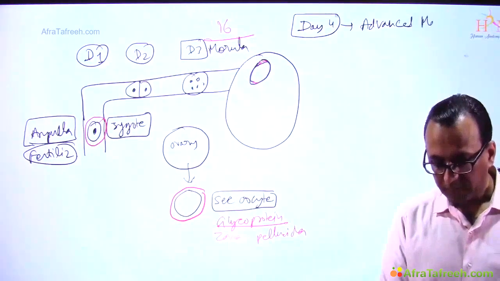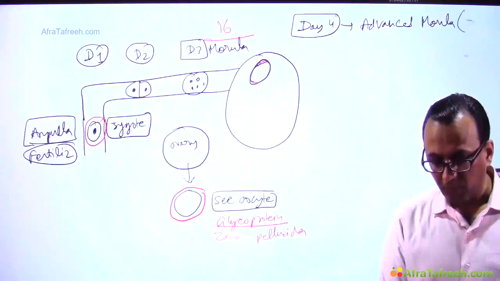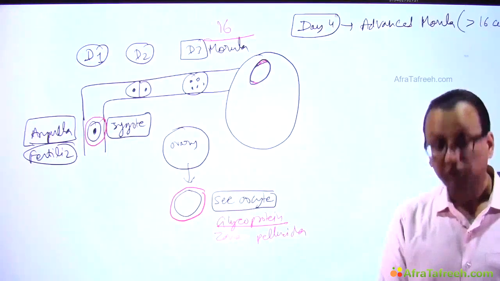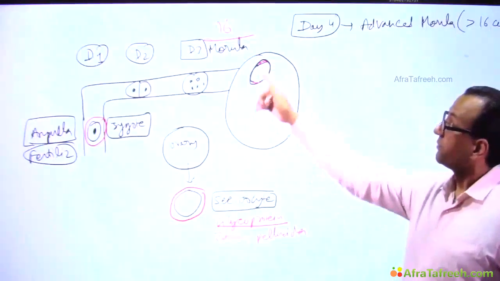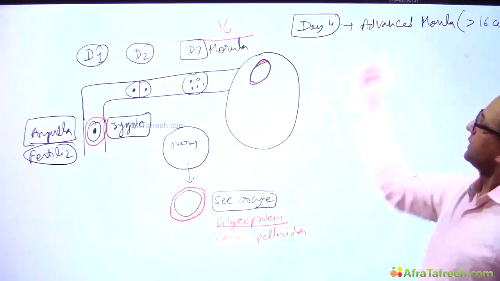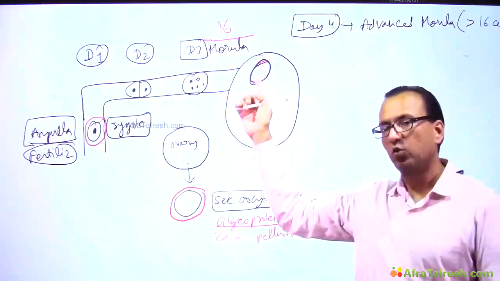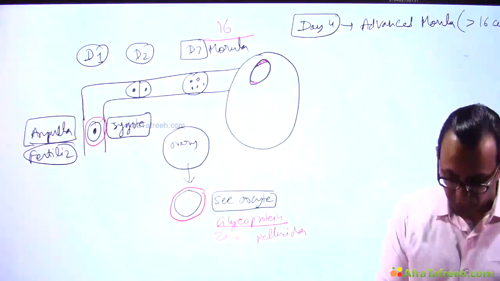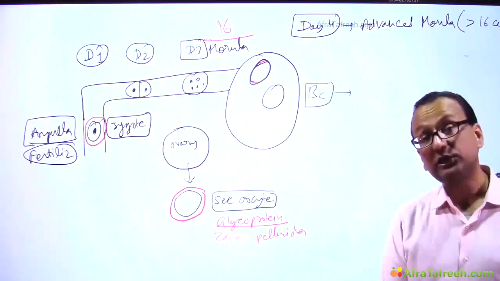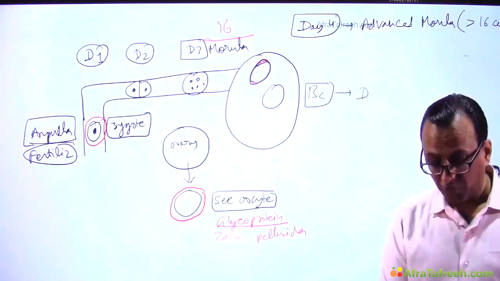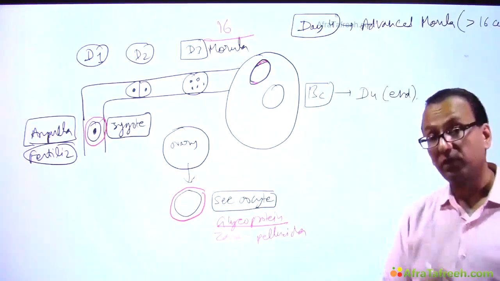The advanced morula, which is more than 16 cell stage, enters the uterine cavity, and then it will change into what is called the blastocyst. Now this is the blastocyst, which will be seen by the end of day number 4.